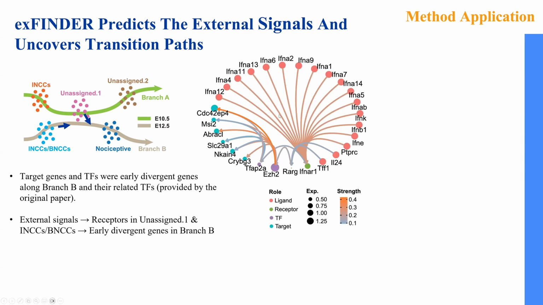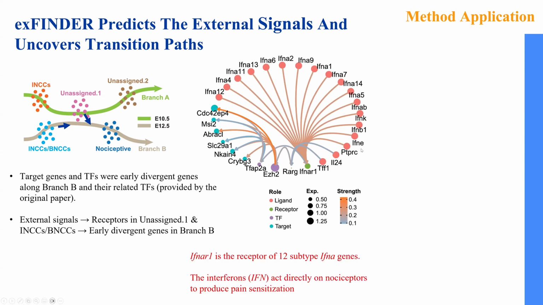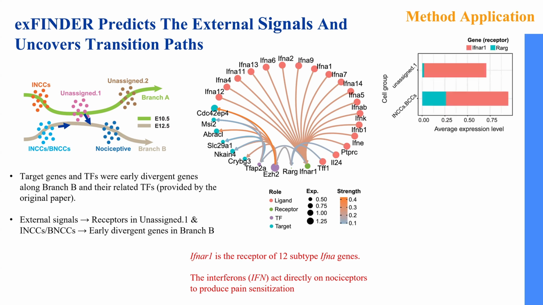Then we infer there are a lot of possible external signals, and two receptors that are related to activating those early divergent genes. Some of the results are supported by previous findings. Focusing on these two receptors, we found that they have comparable expression in these two clusters.